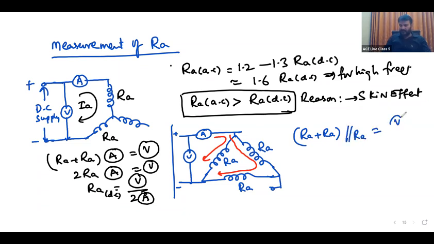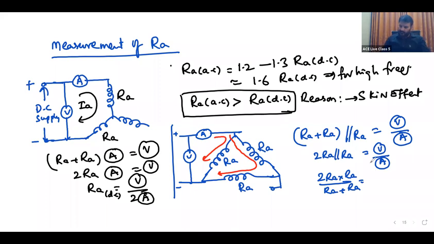That is equal to voltmeter reading divided by ammeter reading, the equivalent resistance. That is 2RA parallel with RA is equal to voltmeter reading by ammeter reading. And 2RA parallel with RA means 2RA into RA divided by 2RA plus RA, that is 3RA.